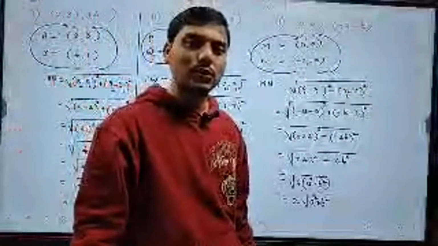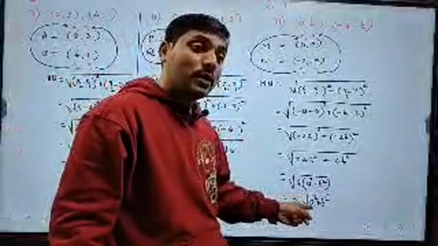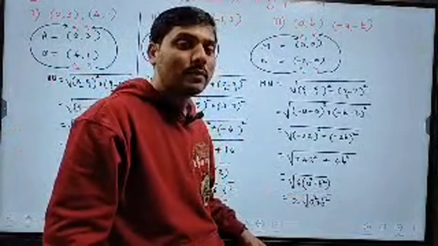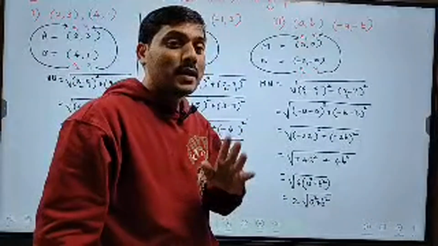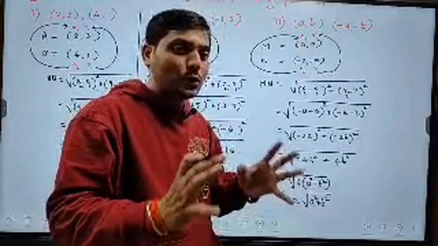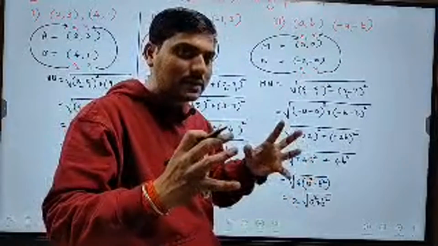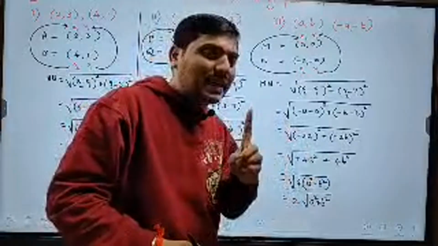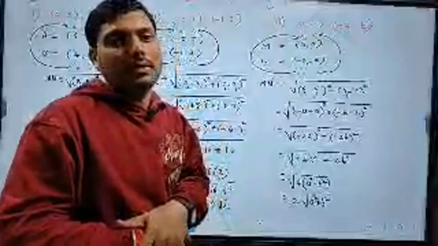Some students say, sir, this root has a 2 times, b is also 2 times, so write ab. That is not allowed because there are two terms. Two terms, with the add or subtract concept, are there. Only a single term can come outside. It's clear?